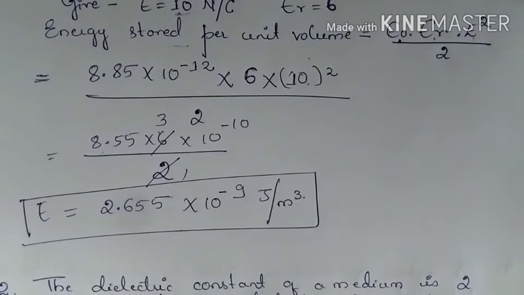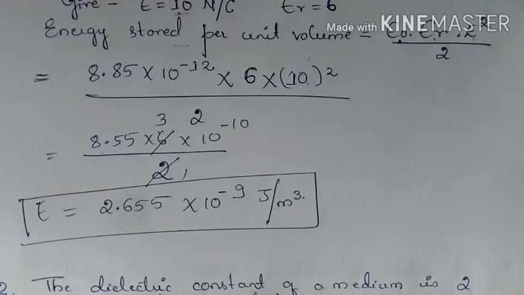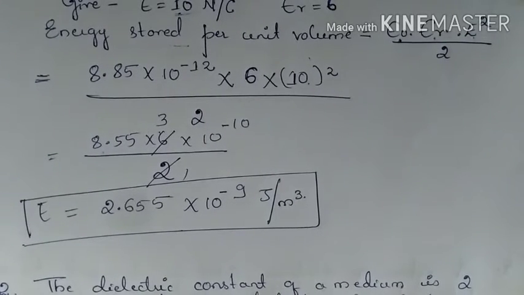So now let us substitute those in the expression, and if you substitute and calculate, then you get E is equal to 2.655 into 10 power minus 9 joule per meter cube. So this is the solution for the first problem in the dielectric. This is a very straightforward question, so you need not use much logic to solve this problem.